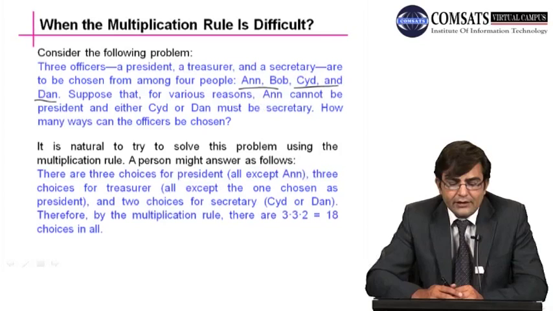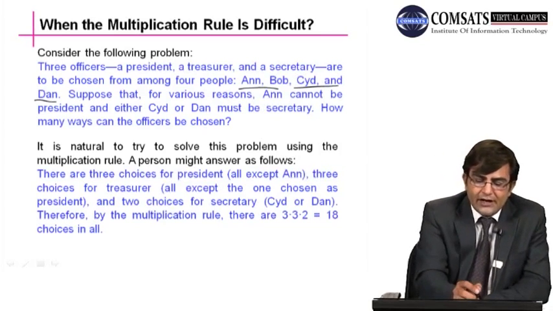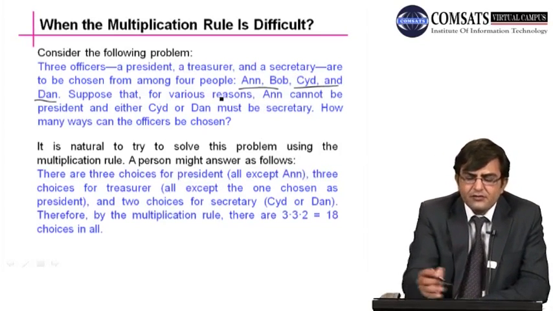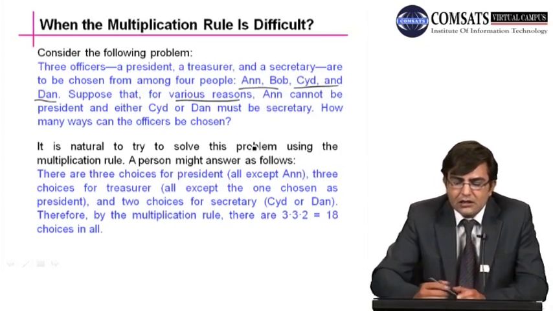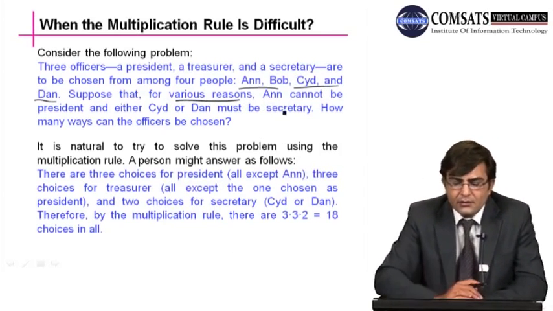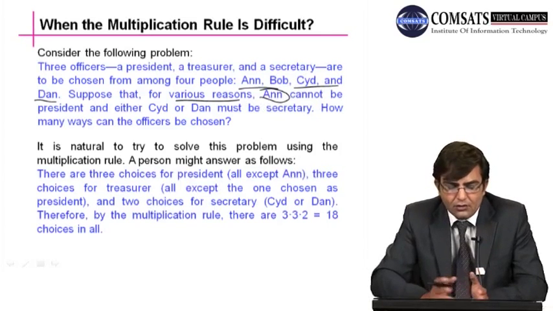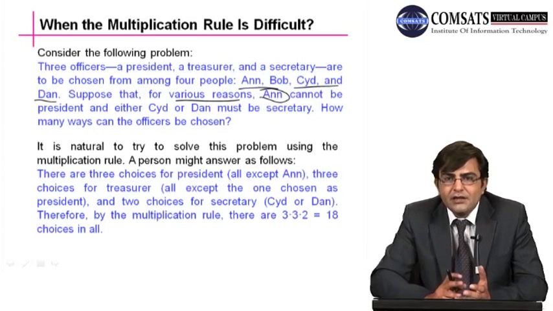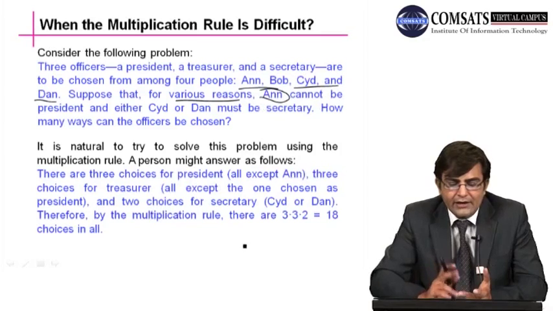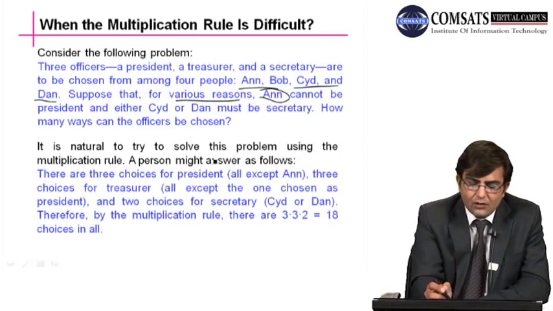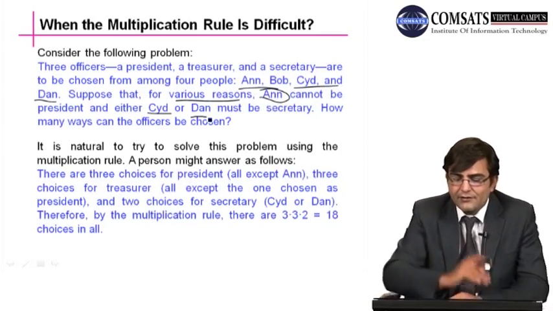But there are conditions here. Suppose that for various reasons, we cannot choose Anne to be the president of the office or some organization. Anne cannot be chosen to be the president, and either Sid or Dan must be the secretary.